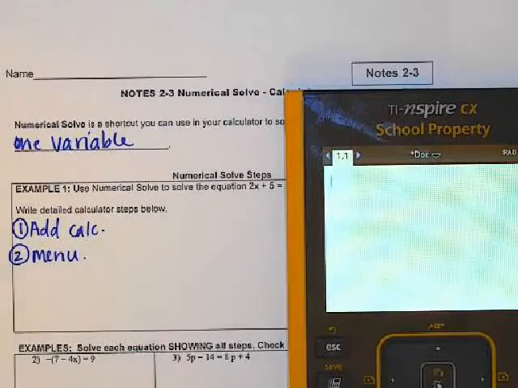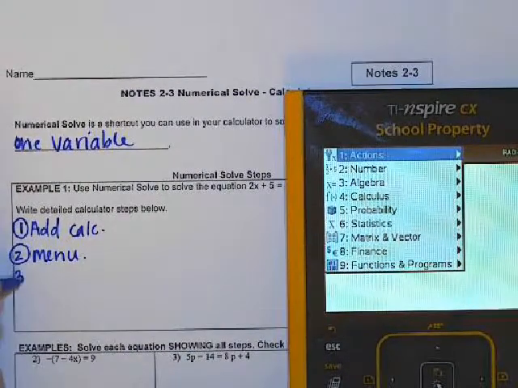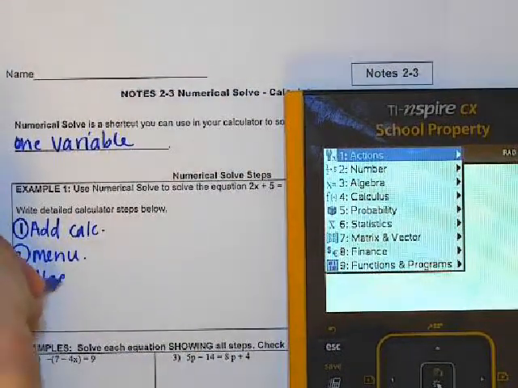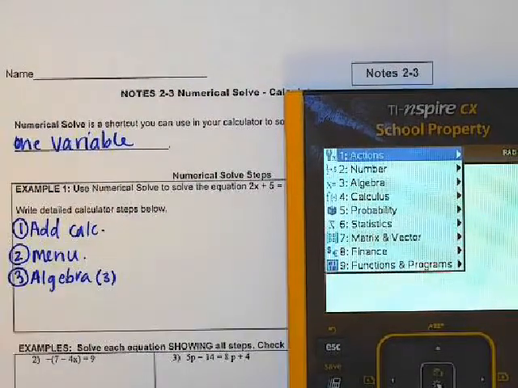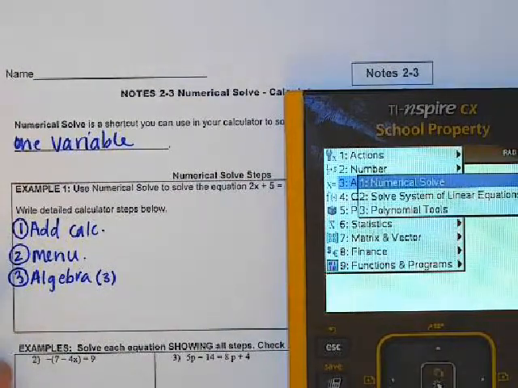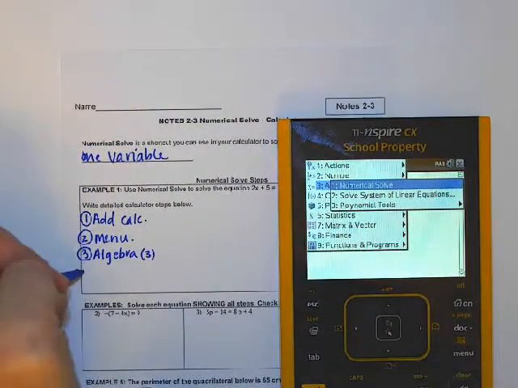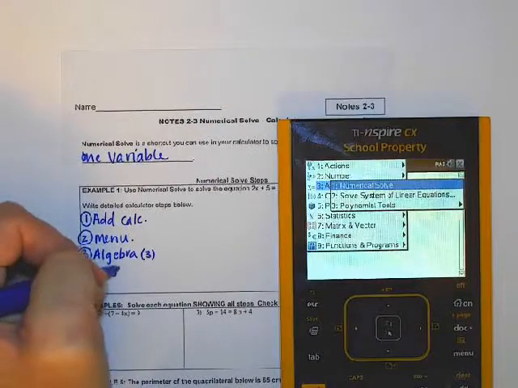So everybody click menu. Then what class are you in? Algebra. Step 3. You're in algebra class, so you're going to click algebra, which is number 3. Then we want solve. So step 4, nSolve.